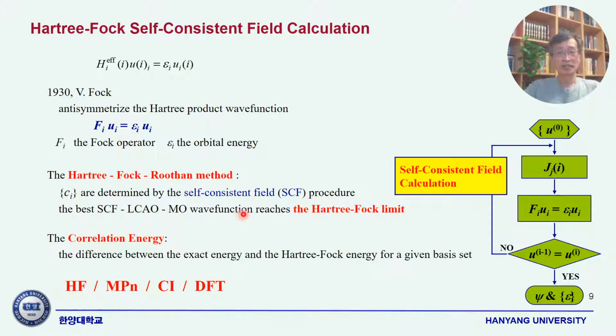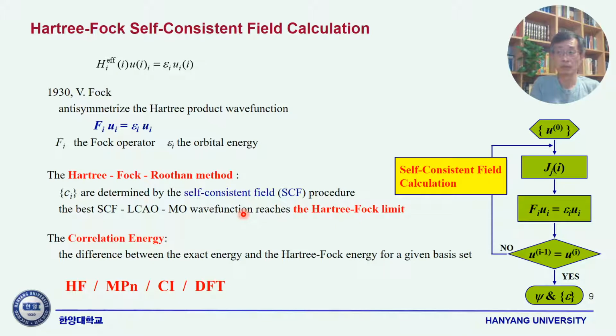And then whatever the best you achieve, meaning that you use a bigger basis set, more and more terms, and then more flexible wave functions, then you will certainly lower the energy.